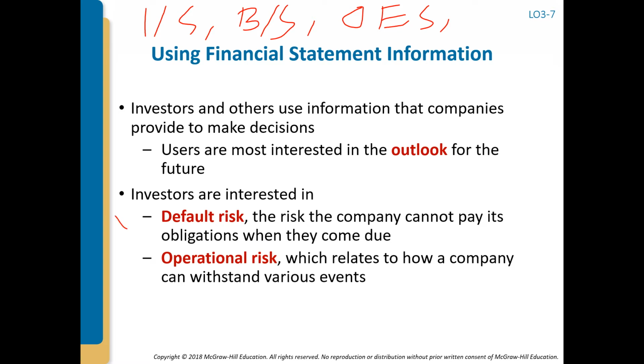Many companies become bankrupt because they cannot pay their debt. Operational risk is related to how a company can withstand various events, whether it can run the operations and pay the employees' salaries.